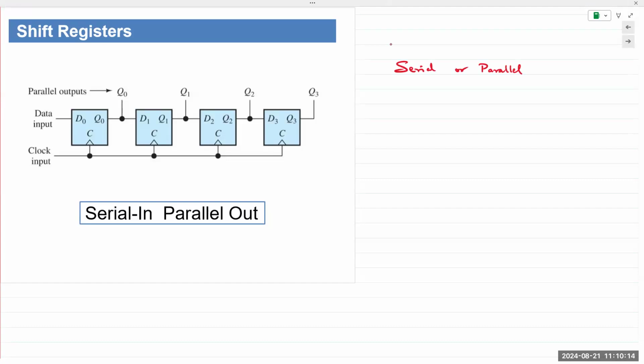If you have a 3-bit shift register, taking outputs Q2, Q1, and Q0, or a 4-bit shift register, Q3, Q2, Q1, and Q0, you take the outputs all at once, or you take them serially. Obviously, the advantage of serial versus parallel is that you only need one data line, versus in parallel, you need as many as the number of bits that you want to transfer.